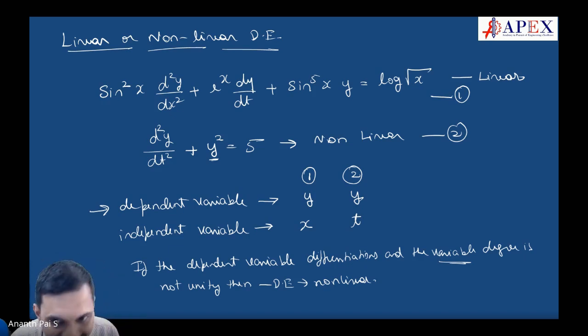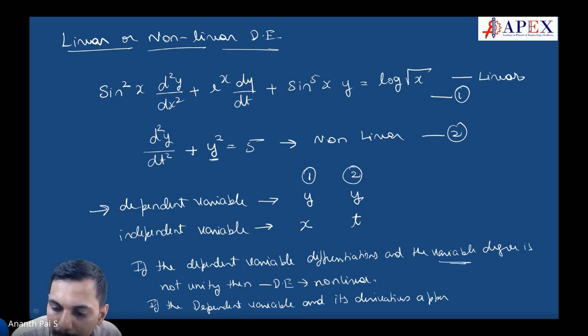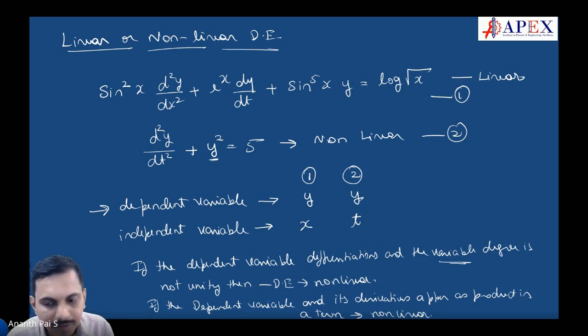Second case: if the dependent variable and its derivatives appear as a product in a term, then it is non-linear.